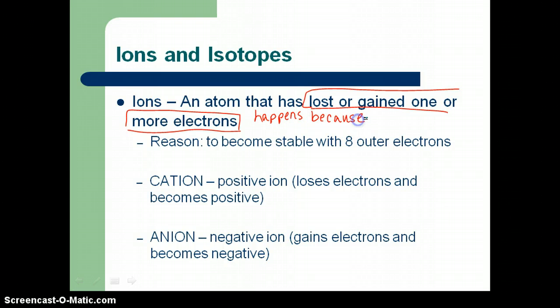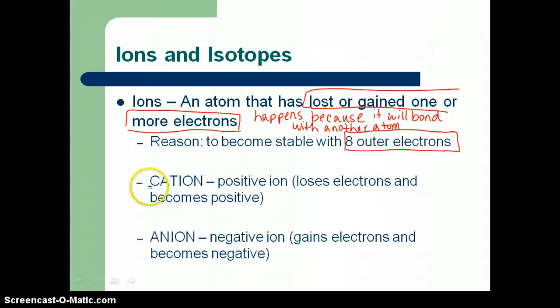And the goal is to become happy or have 8 outer electrons. That is its goal. So if something is an ion, that means that its protons and electrons no longer equal. Its electrons are either greater than or less than the number of protons at this point.